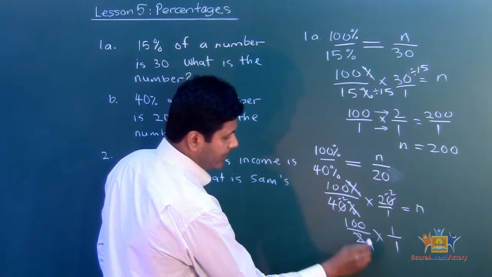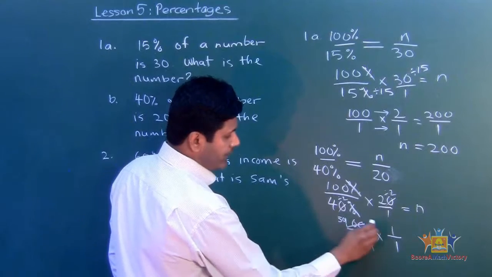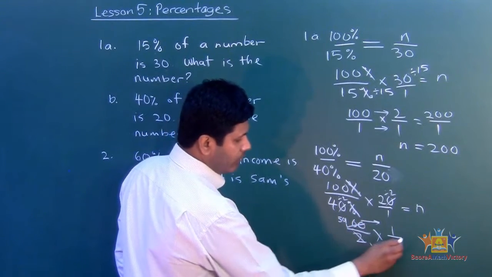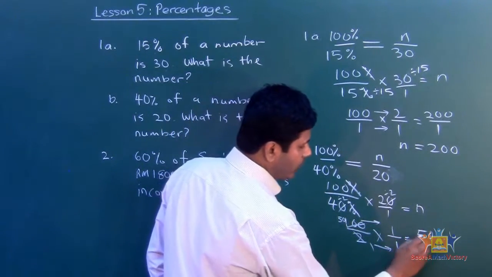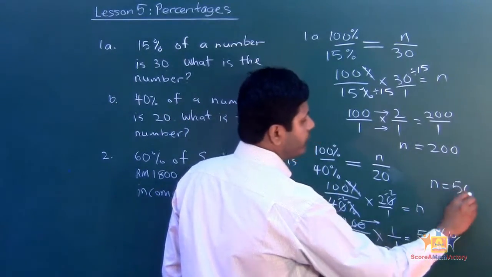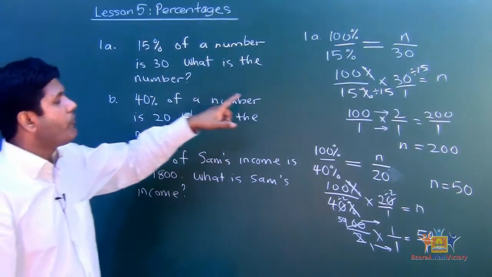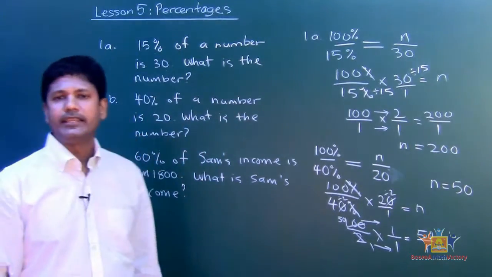So this one becomes 1 and this one becomes 50. Now 50 times 1, 1 times 1, gives me 50 over 1. So n equals 50. So 40% of 50 is 20.